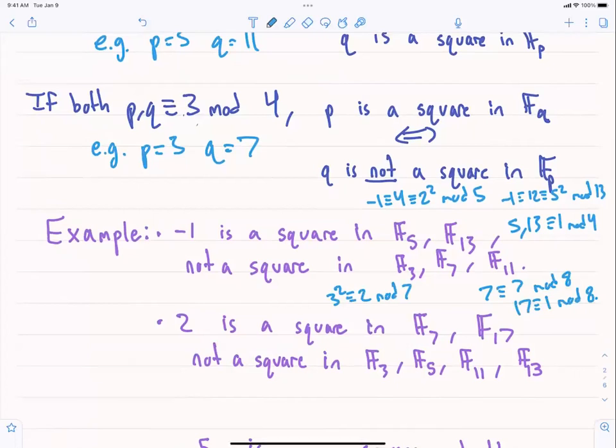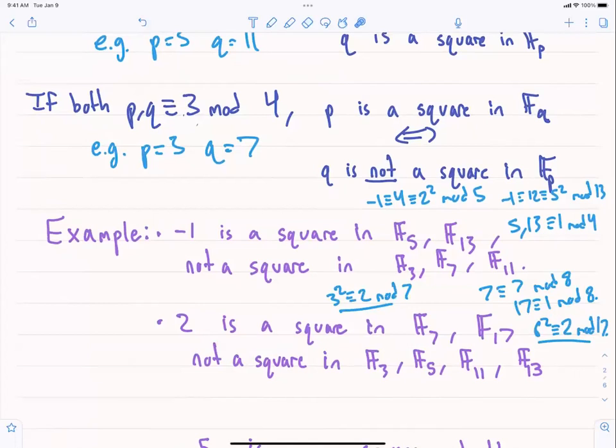And in F_17, 6 squared is 36, that's 2 times 17 plus 2, so 6 squared is congruent to 2 mod 17. So good, 2 is a square in F_7 and F_17, as predicted by this criterion, because 7 is congruent to 7 mod 8, and 17 is congruent to 1 mod 8.